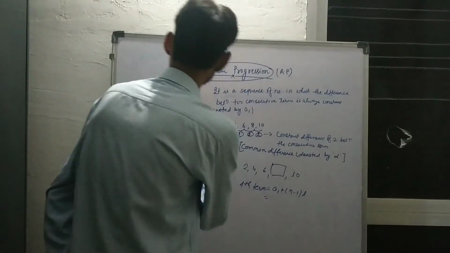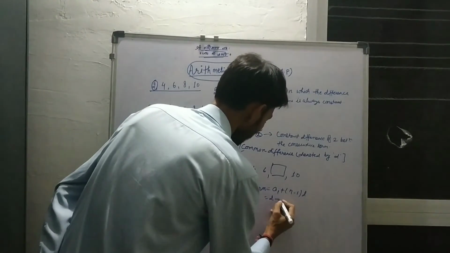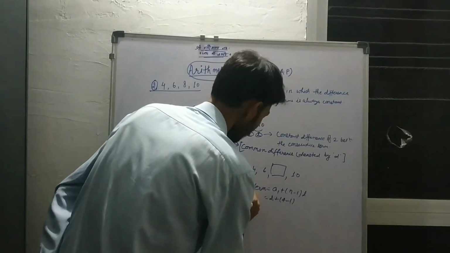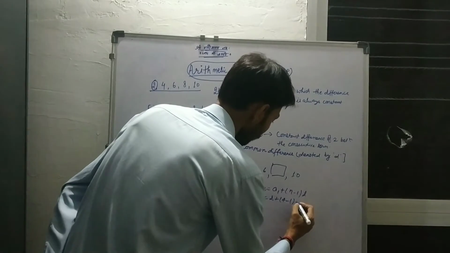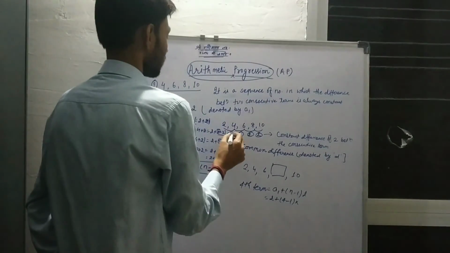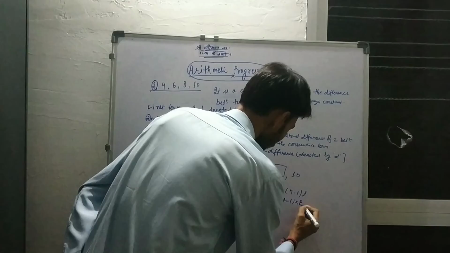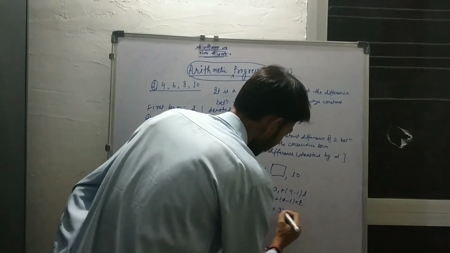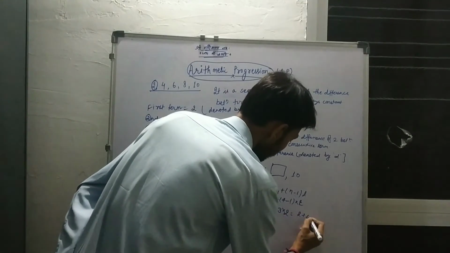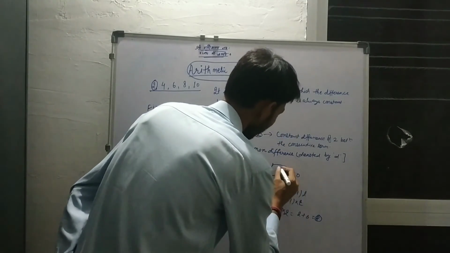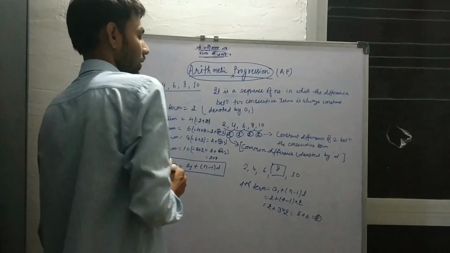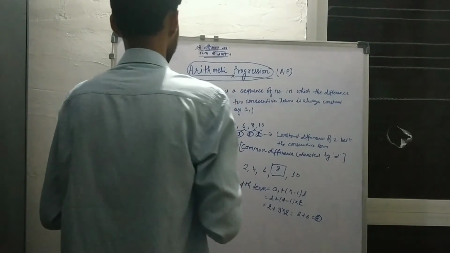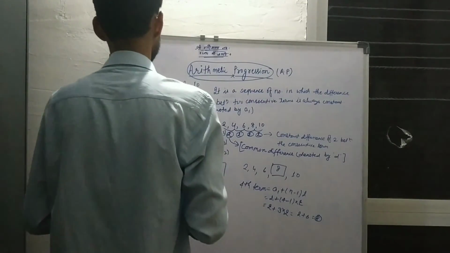The first term here is 2, plus 4 minus 1 because n is 4, into d. The common difference is 2. So 2 plus 3 into 2 is 2 plus 6, that is 8. So we can find any term in this progression.